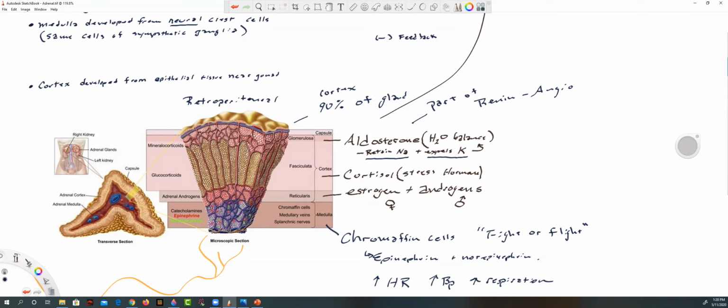And then the innermost layer of the cortex is where our estrogens and androgens are created. Estrogens are the more female hormones, androgens more male. And it doesn't matter if you're male or female, you produce both estrogens and androgens in different amounts.